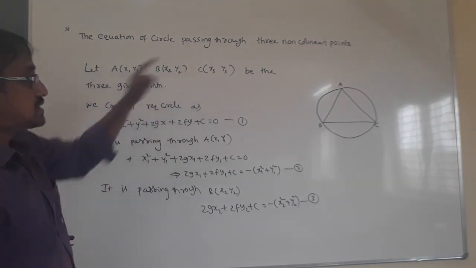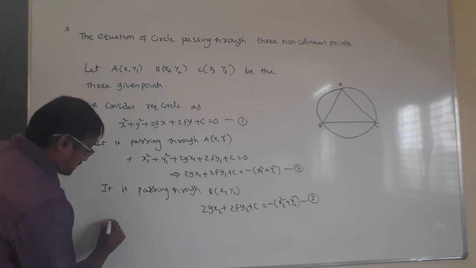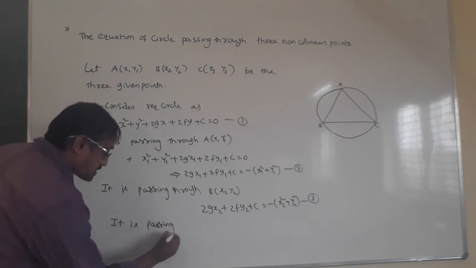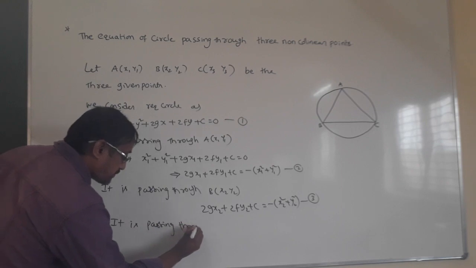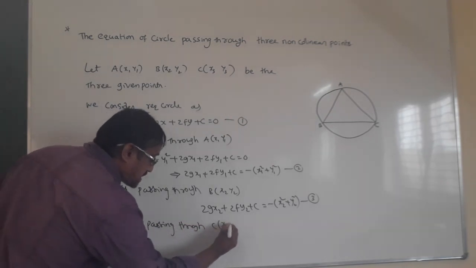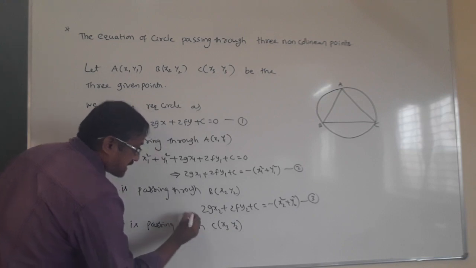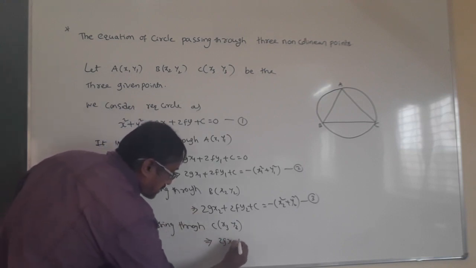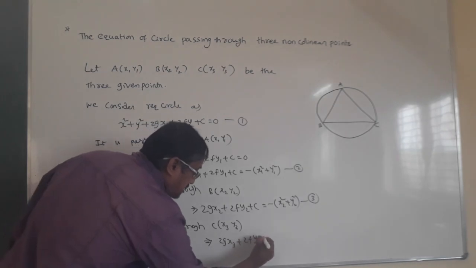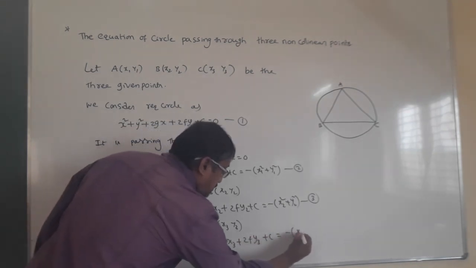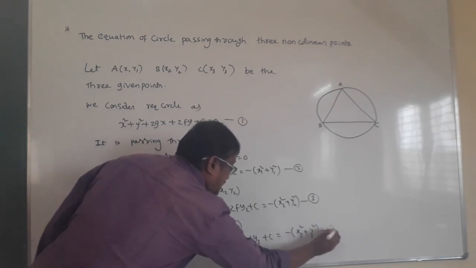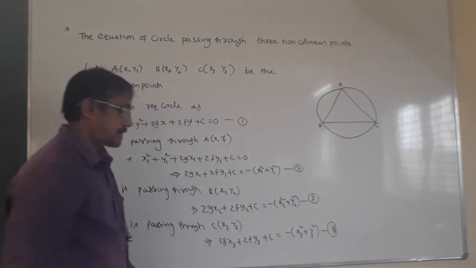Again it is passing through C(x3, y3). You will get another equation 2gx3 plus 2fy3 plus c is equal to minus of x3 square plus y3 square. Let it be equation 4.